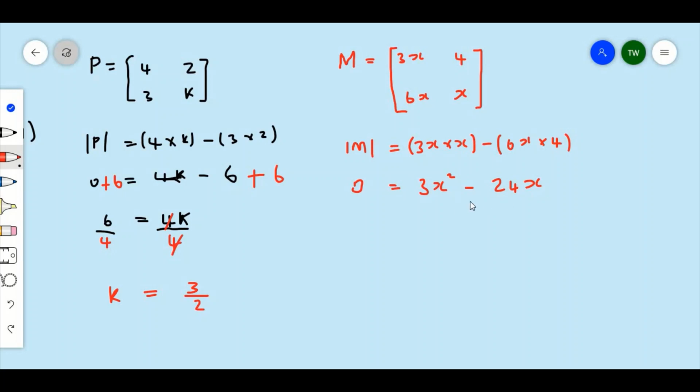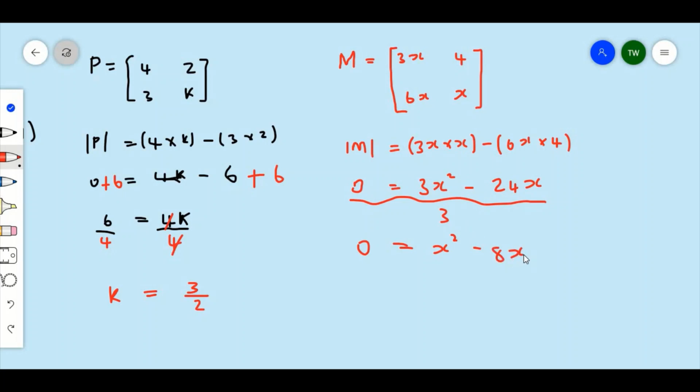So what we have here is a quadratic expression, right? Now what we can do, we can divide each term by 3. We're still going to have 0 here, equal to, this 3 will cancel out this 3, so we end up with x squared here minus 24 divided by 3, that's going to give us 8x.